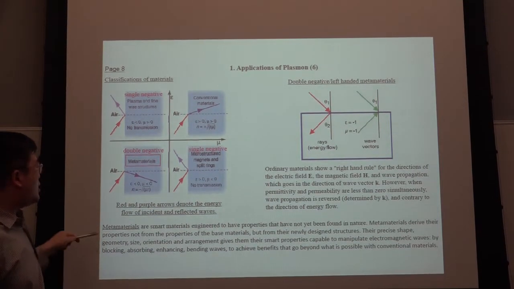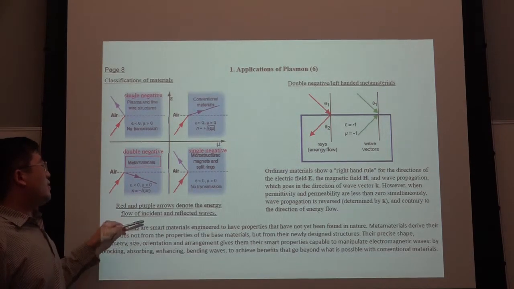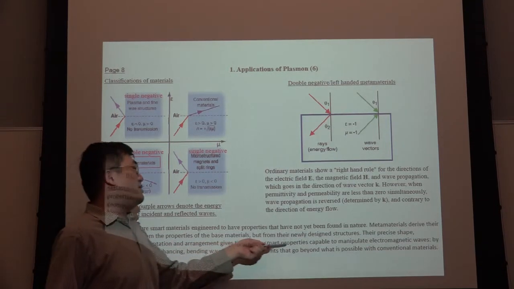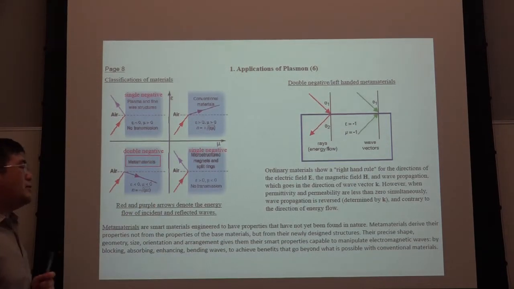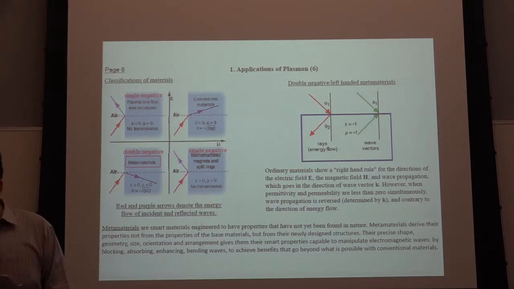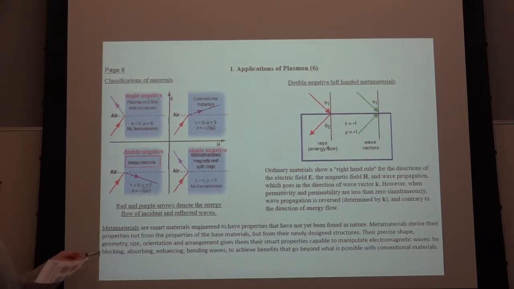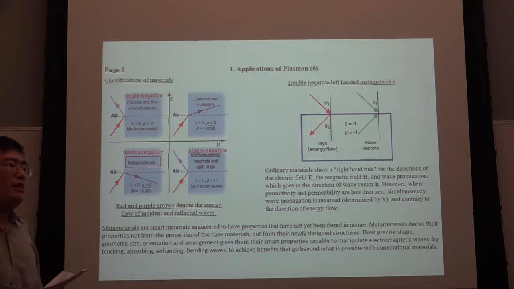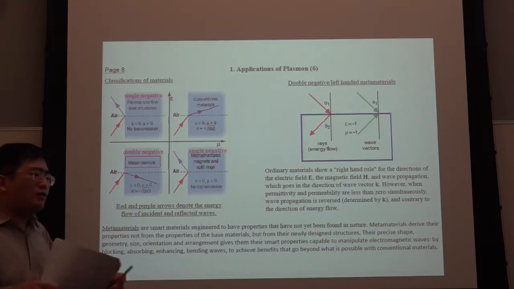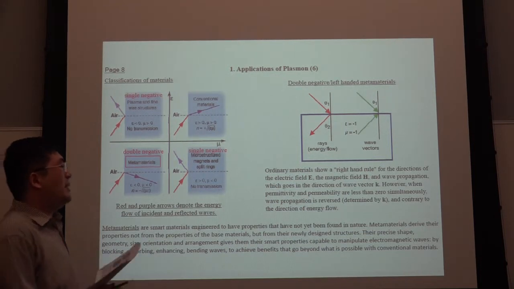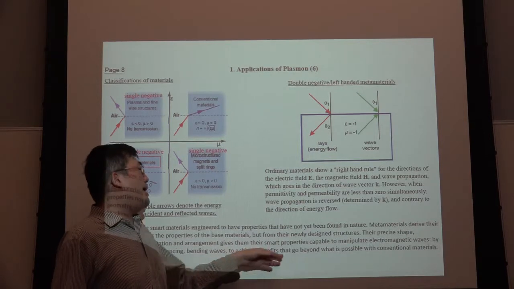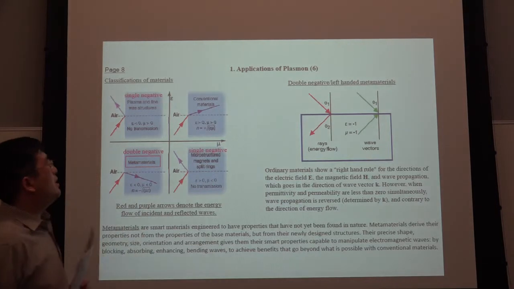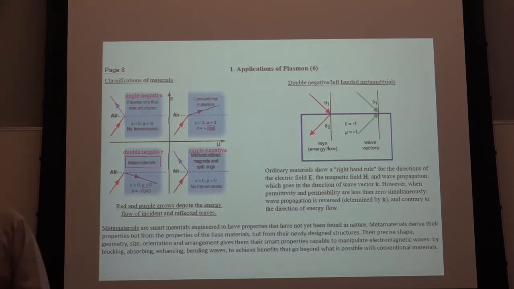So the shape, geometry, size, orientation, and arrangement, when you control these, can give this smart property to control electromagnetic waves. Why are people so excited about metamaterial? Because they can block, absorb, enhance, and bend the electromagnetic wave as you want. You can control that very easily. This is the benefit. It goes beyond what is possible with conventional material.